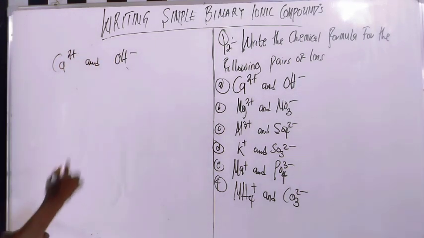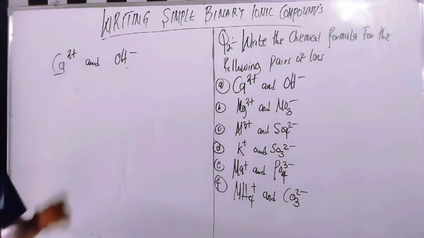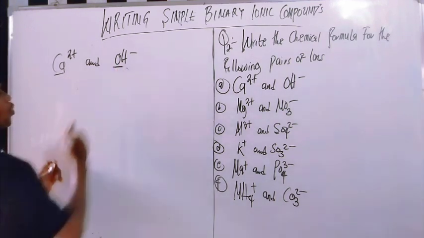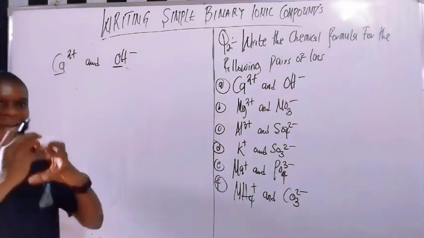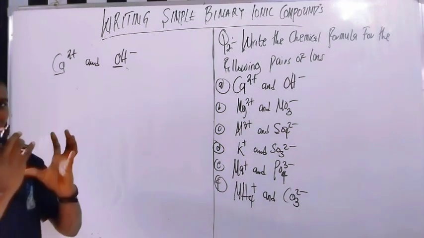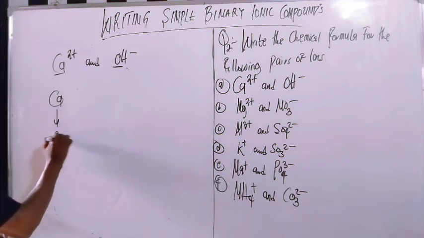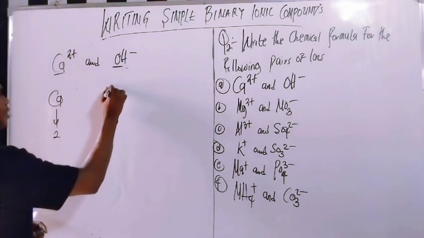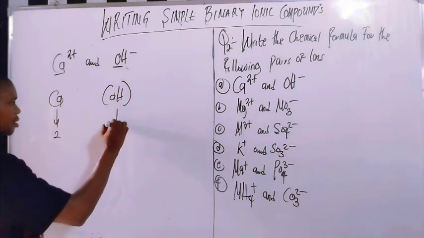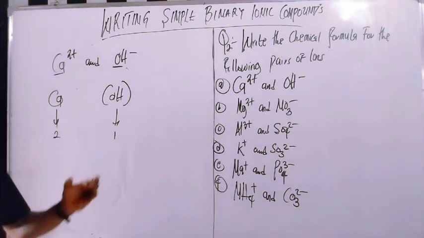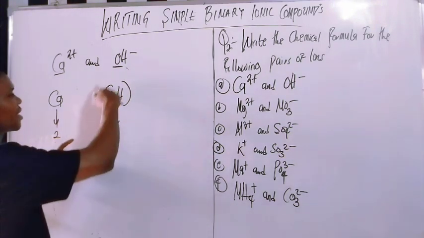Do you understand? Now calcium here is 1. OH is regarded as 1. There are 2 elements, but they are regarded as 1. So it's going to be Ca, which is 2. Now OH is going to be in brackets, 1. Why is it in brackets? Because anything that is affecting will affect all.